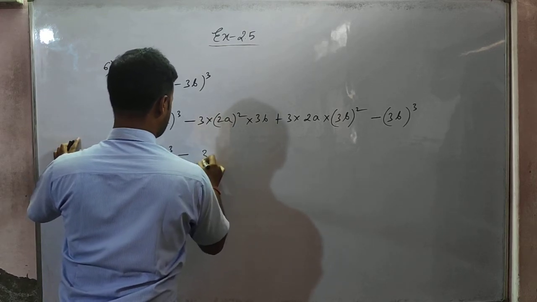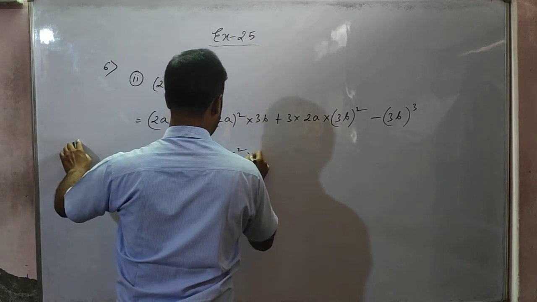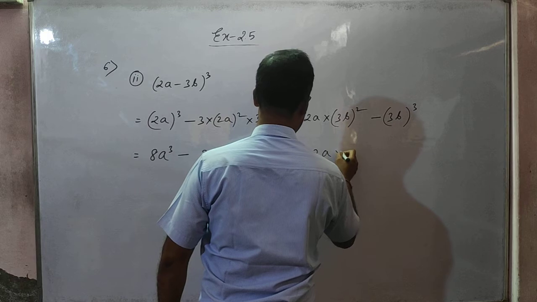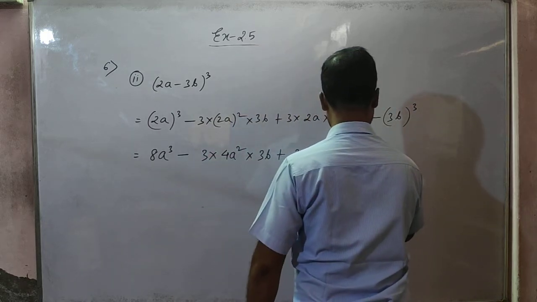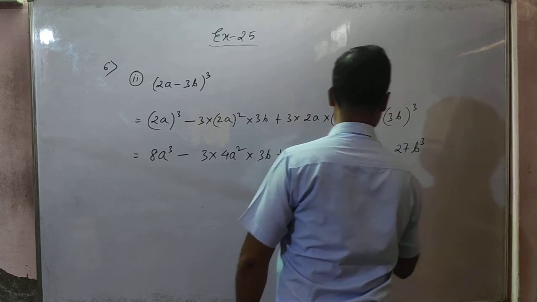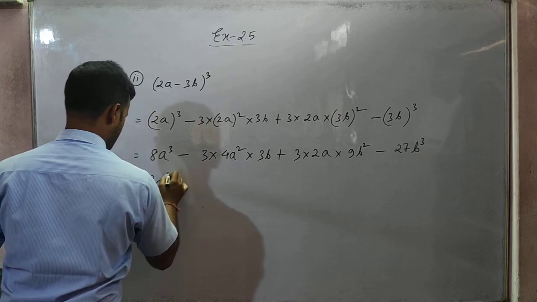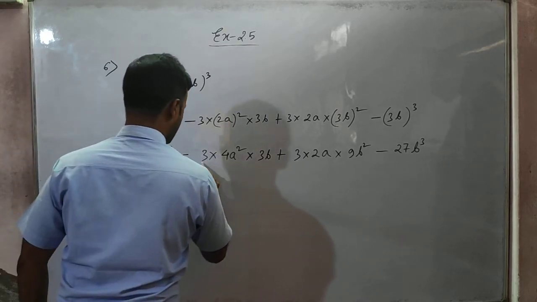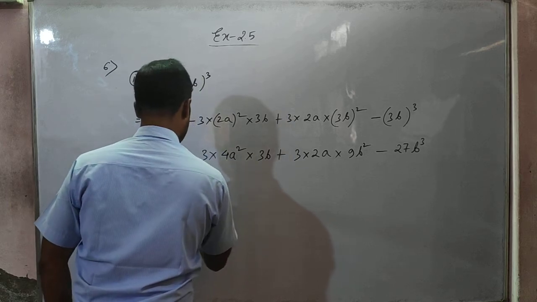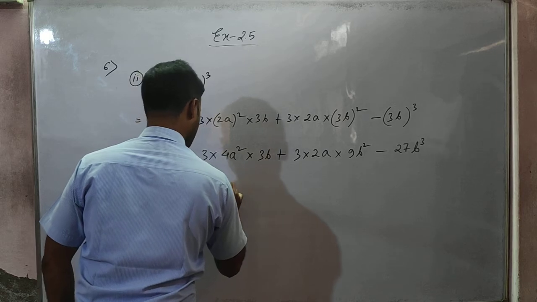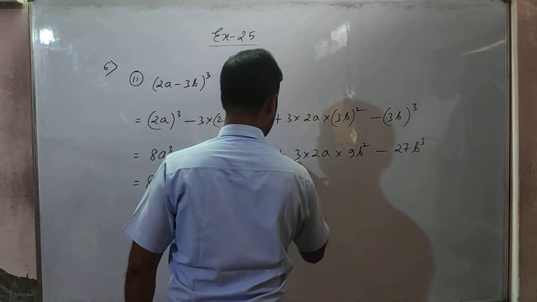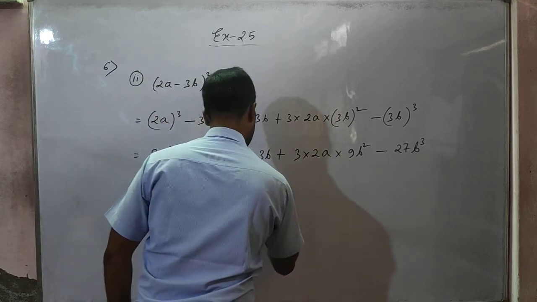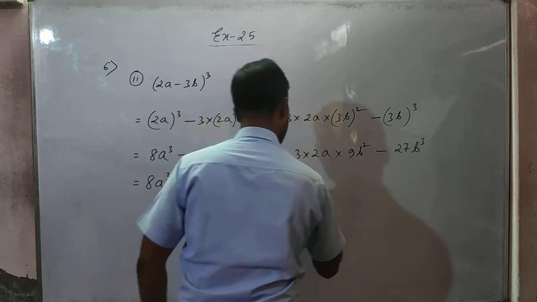So 3 into 2a whole square means what? 4a square, 4a square into 3b, plus 3 into 2a into 9b square, 27b cube. So 8a cube, 3 4s are 12, 12 3s are 36 a square b, plus 3 2s are 6, 6 9s are 54 a b square minus 27.